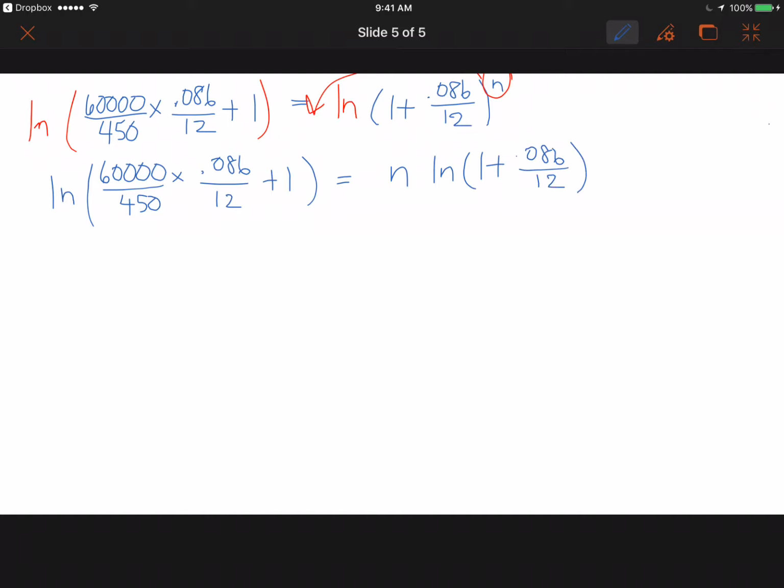I'm trying to solve for n. It's multiplied by this natural log on the right, so undo multiplication, I need to divide. So divide by the natural log of 1 plus 0.086 over 12.